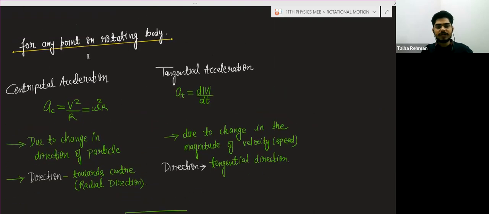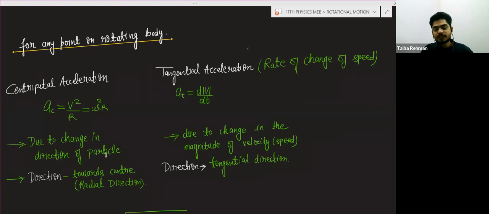For any rotating body, I have already told you, centripetal acceleration is equal to v square by r, or omega square r. Tangential acceleration is basically the rate of change of speed. And what is the cause of the centripetal acceleration?